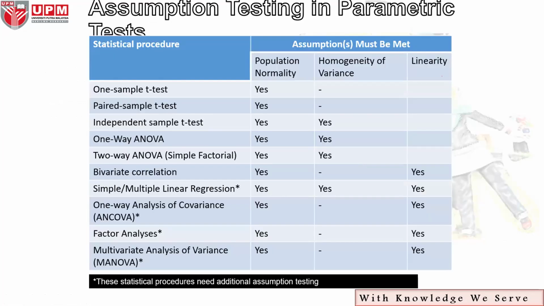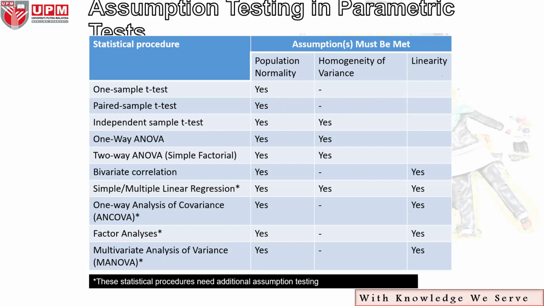Okay, this is the summary of the assumptions according to the statistical analysis. If you want to use one sample t-test, you need to make sure that the sample is normal. The same goes for paired sample t-test: the DV must be normal. For independent sample t-test, you need to test normality for the DV as well as homogeneity of variance, meaning the distribution between the two groups.